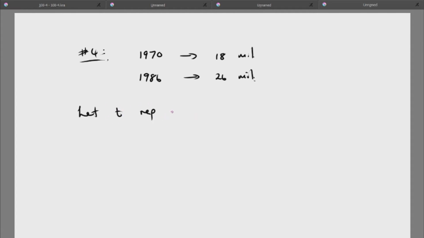So often what works a little bit nicer is to represent the number of years, let's say from 1970. So 1970 would be t equal to 0.